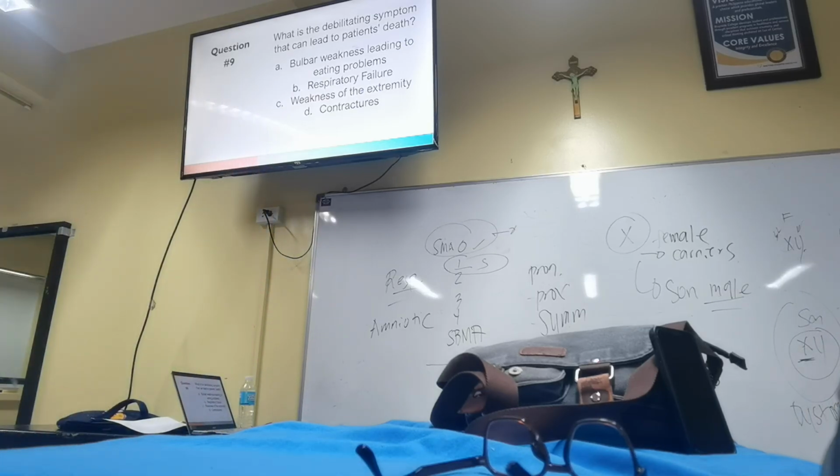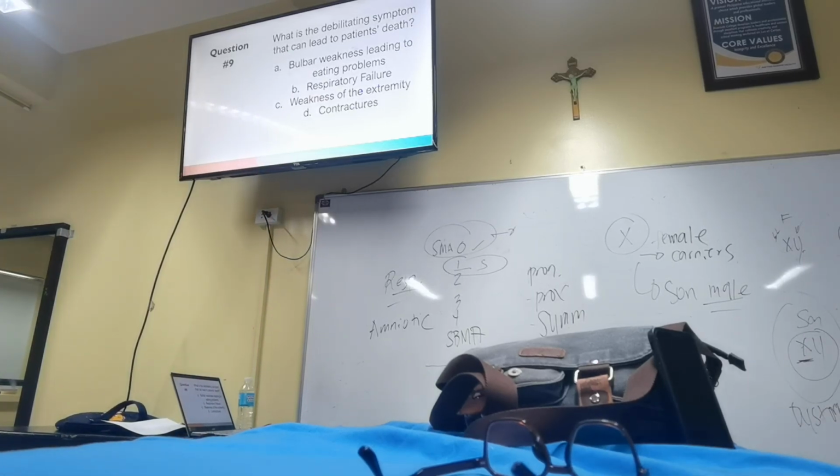What is the debilitating symptom that can lead to patient's death in patients with SMA? Is it bulbar weakness? Is it respiratory failure? Is it weakness of the extremity? Or is it contracture? So, choose.